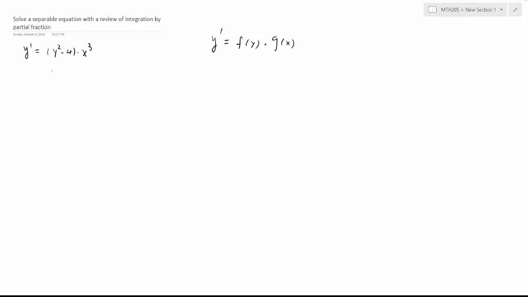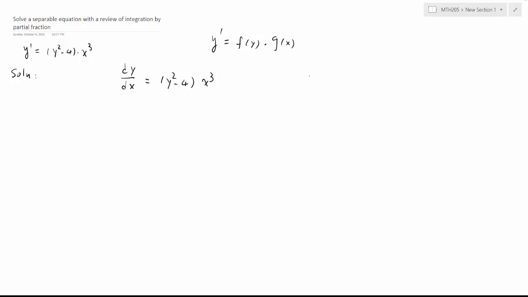So to solve a separable equation, we follow a certain procedure. y prime is really just dy/dx, and is equal to (y squared minus 4) times x cubed. We try to move everything about the y variable to the left-hand side and everything about x to the right-hand side.